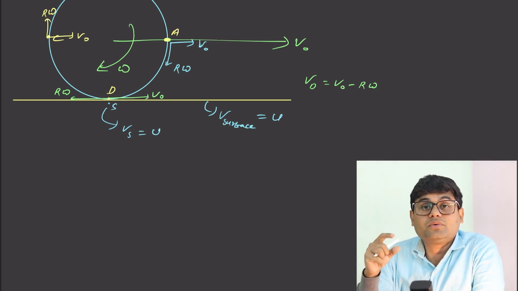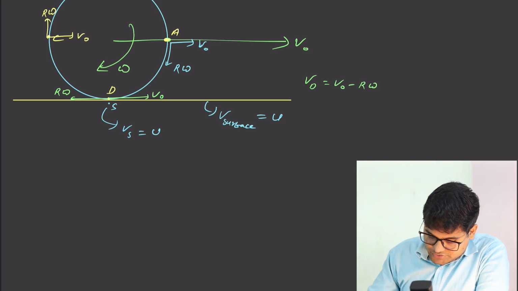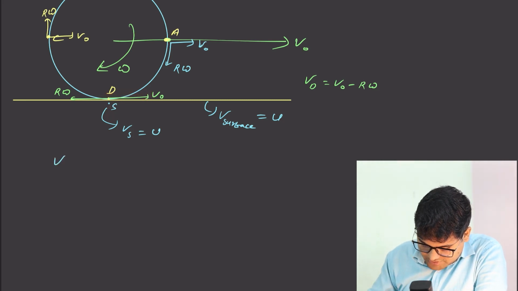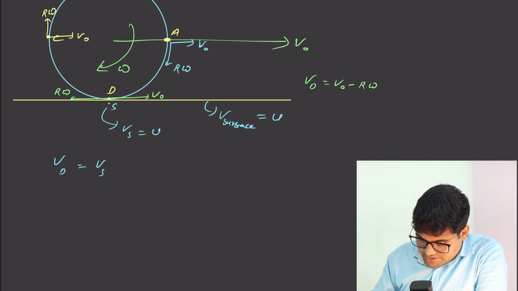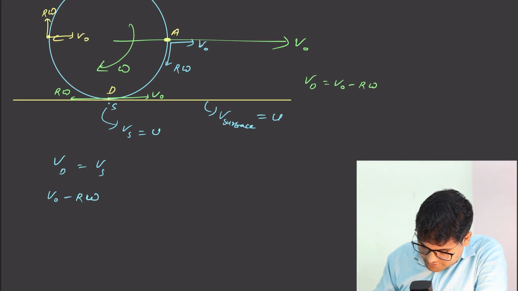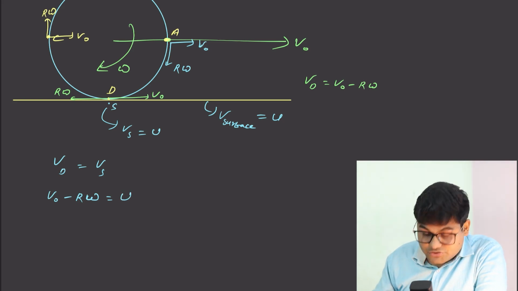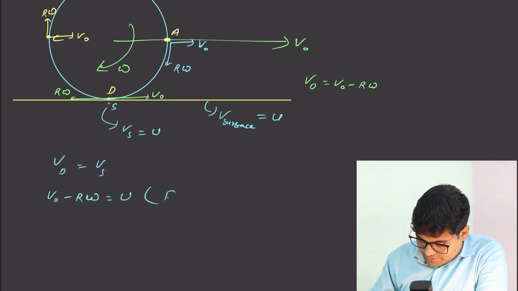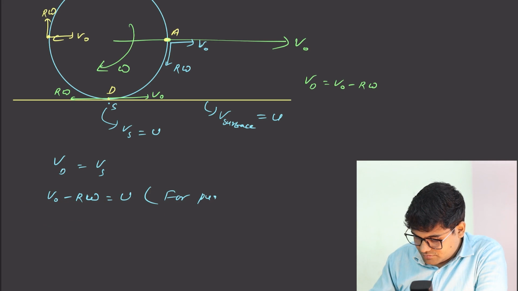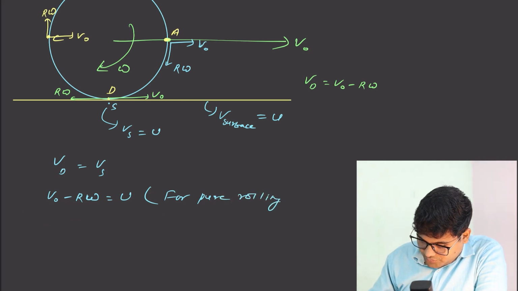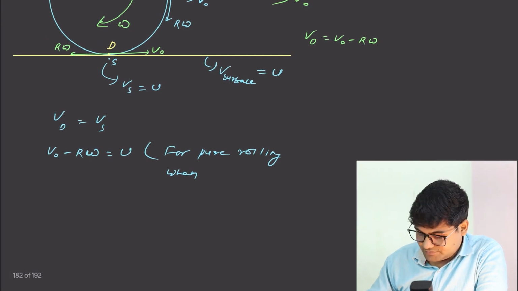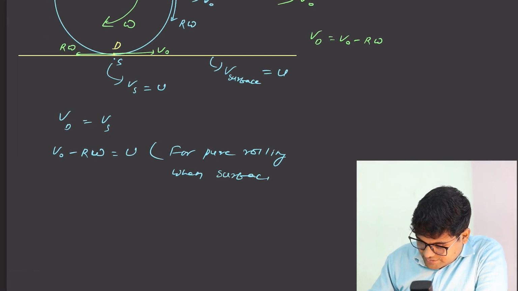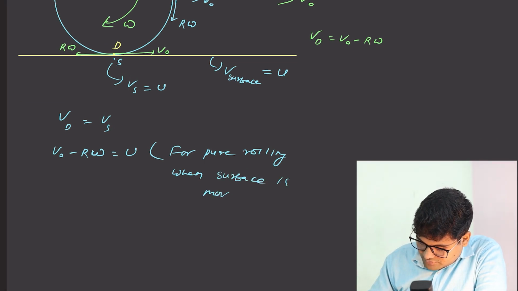At the point of contact, there should be no relative motion, meaning that velocity of D should be equal to velocity of S. Velocity of D is V naught minus R omega, and that should be equal to velocity of S, which is U. Now this is the condition for pure rolling when the surface is moving.